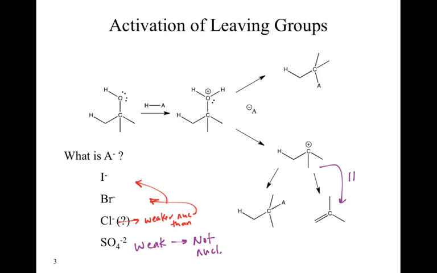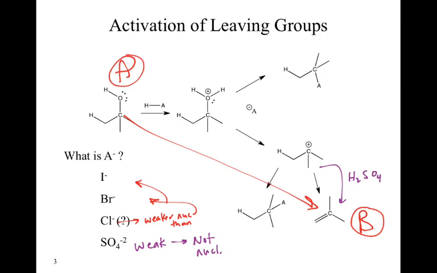So that is a very common reagent to see pop up. It's known as a dehydrating agent because when we move from point A, our alcohol, all the way to point B, our alkene, the biggest change is that we lost water in the course of that reaction. So those are your primary reagents: HI, HBr, HCl, H2SO4.